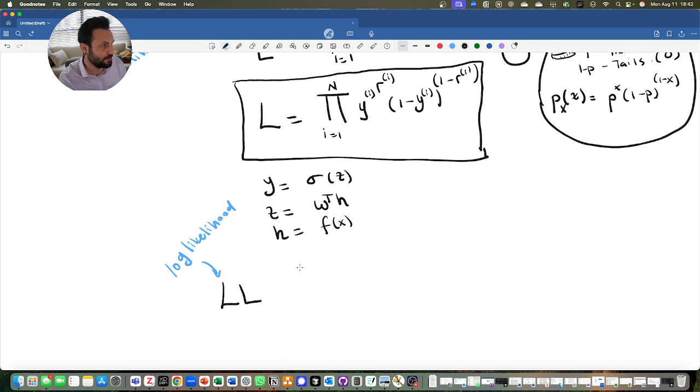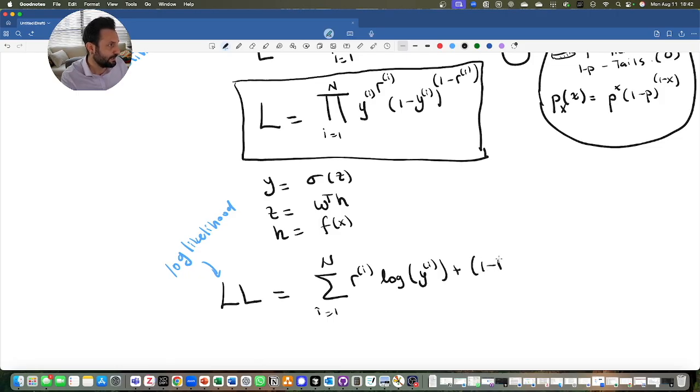My log likelihood is equal to, multiplications become summations, i equals 1 to capital N, so ri comes here, log yi plus 1 minus ri times log 1 minus yi.